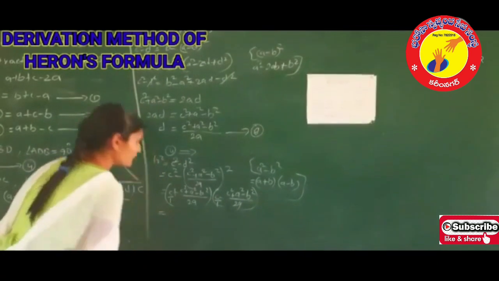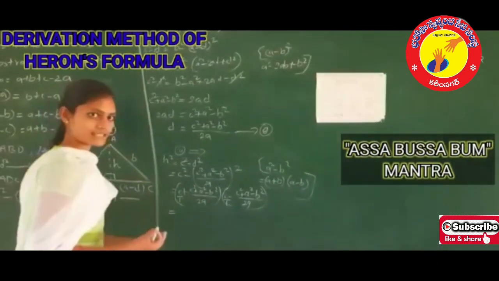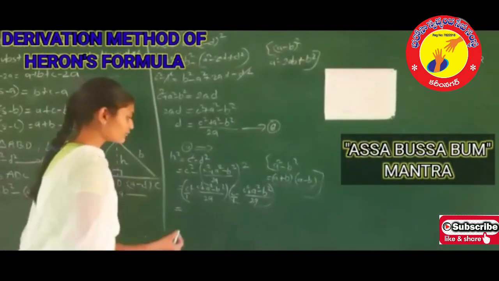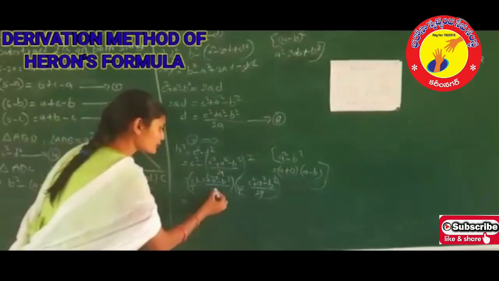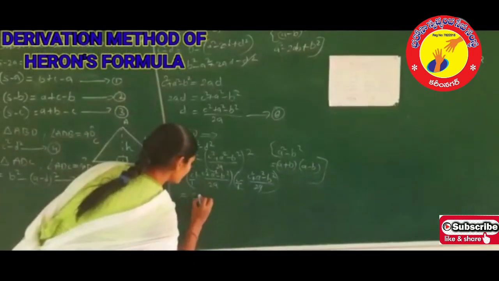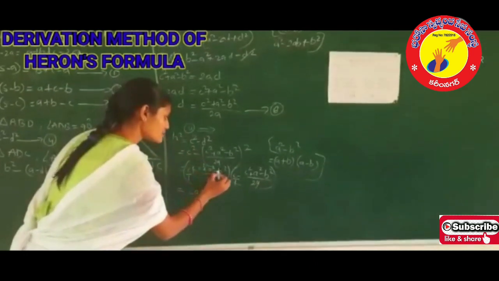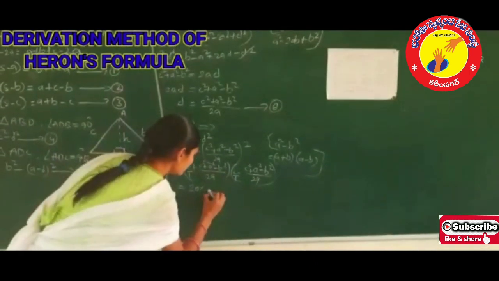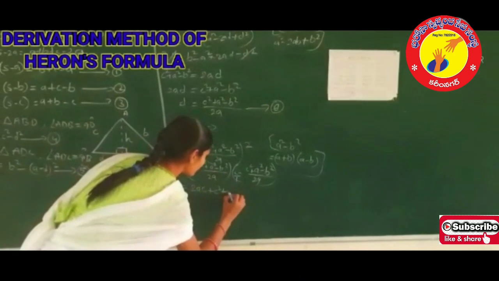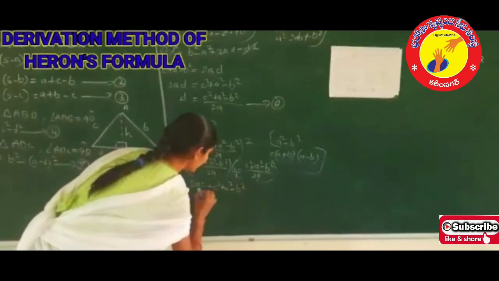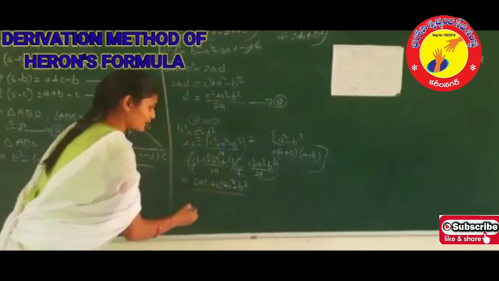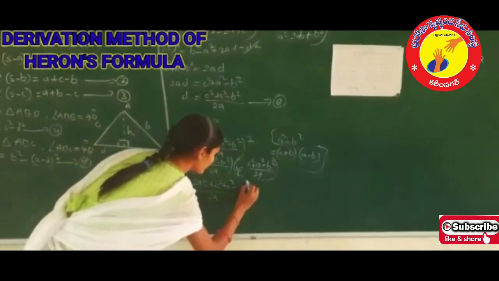Okay. Now according to the Asabusabam mantra, we get Asa means 2a into c becomes 2ac, and Busa means 1 into c square plus a square minus b square, which comes to c square plus a square minus b square. Bam means 1 into 2a means 2a.